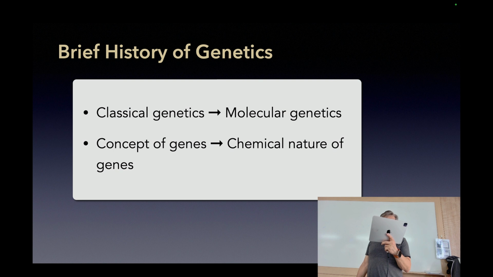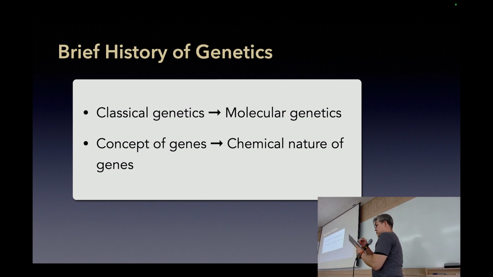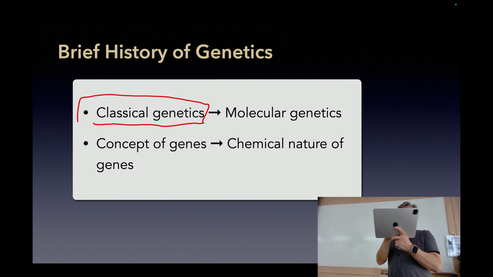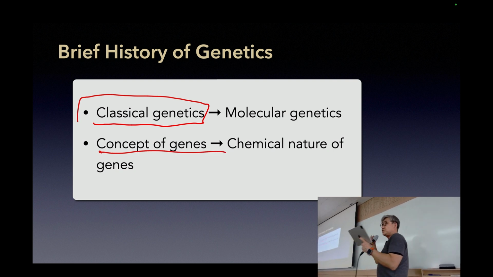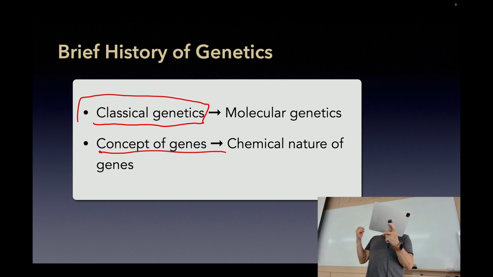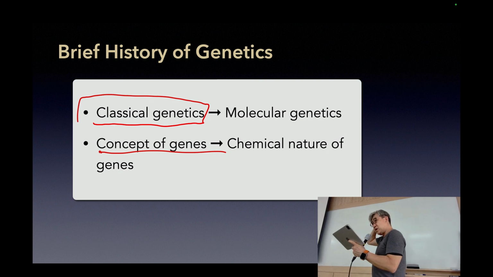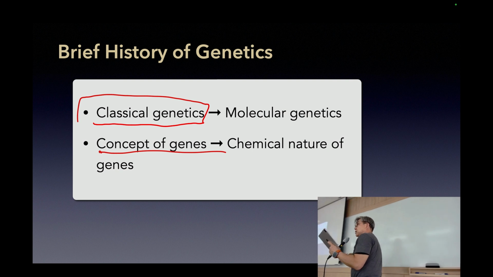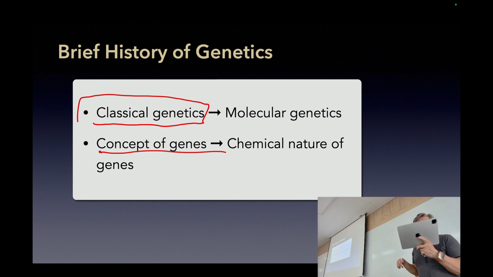What classical genetics has provided us is the concept of genes. Through studying classical genetics, we get to understand what genes are, how they behave, and how we can predict their behavior along with heredity.